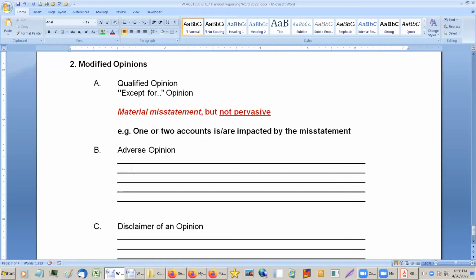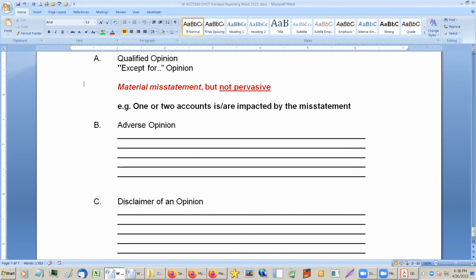Let me say, okay, there's a problem here with the inventory account. However, the rest of the financial statements are okay. So you can rely on the cash, the accounts receivable, the equipment, the accounts payable, the revenues. So it's when there is a material misstatement, but it's not pervasive. It's not throughout the whole financial statements. As a whole, the financial statements are fairly presented.